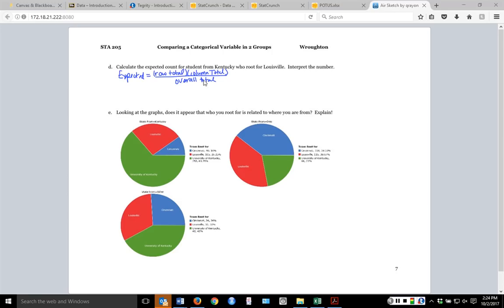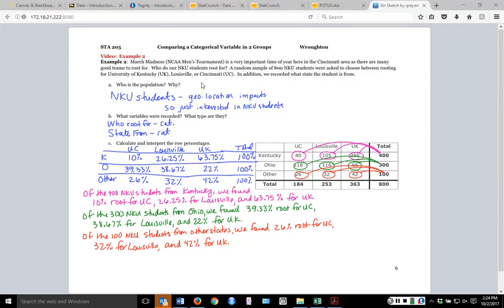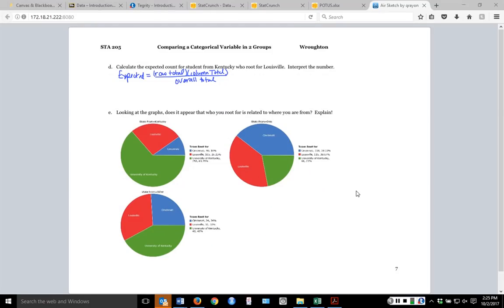And the overall total is my total number of students sampled, which is 800. So I'm going to use my row total of 400, my column total of 253, and my overall total of 800. So we get 126.5.